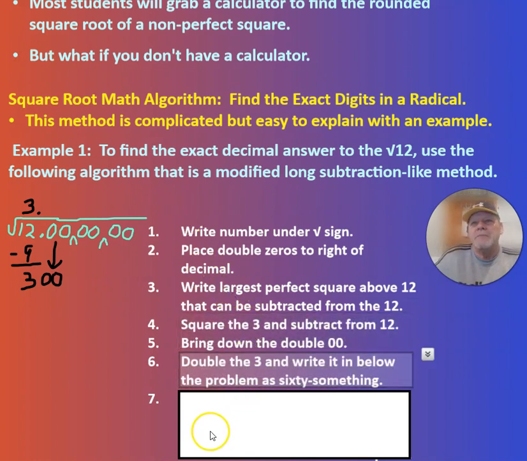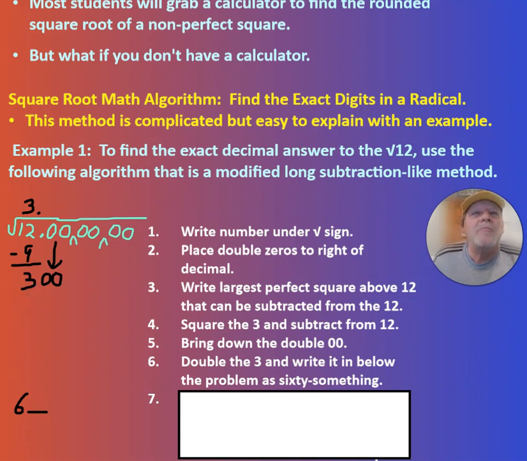All right? So I double the 3, and I write it in below the problem as 60 something. So 3 doubled is 6. And I know you're saying, why is he saying 60? So it's going to be 6, and then this dash here is just the way we do it, okay?